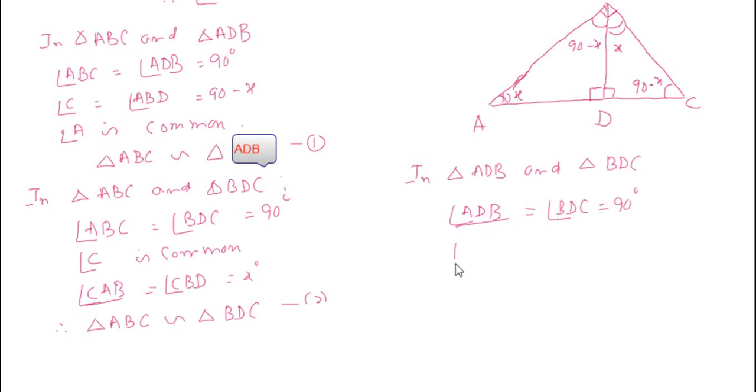Then angle DBA equal to angle DCB, that is equal to 90 minus X. Then angle BAD equal to angle CBD, that is equal to X. Therefore, triangle ADB is similar to triangle BDC.